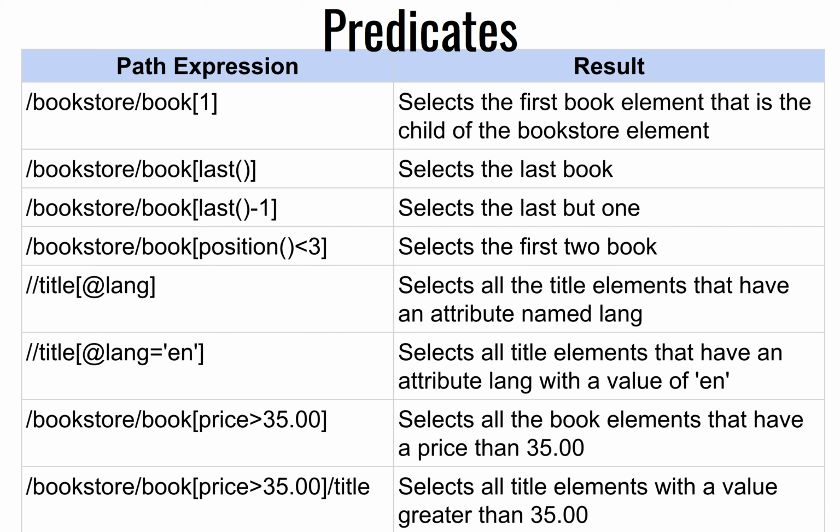So only find me those books who have a title whose language is English, or find me all the books whose price is greater than 35, that has a specific title. So there is the capability of providing something like the where clause of a select statement that allows you to identify the specific nodes in the document that match a specific criteria.